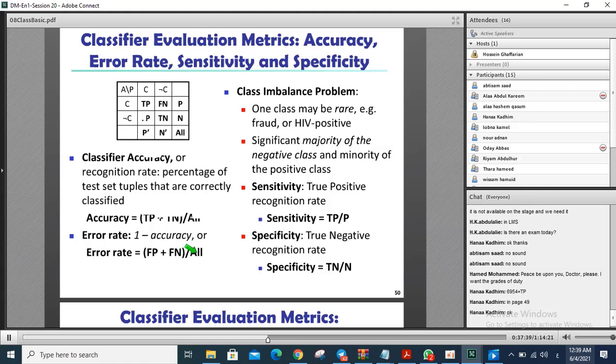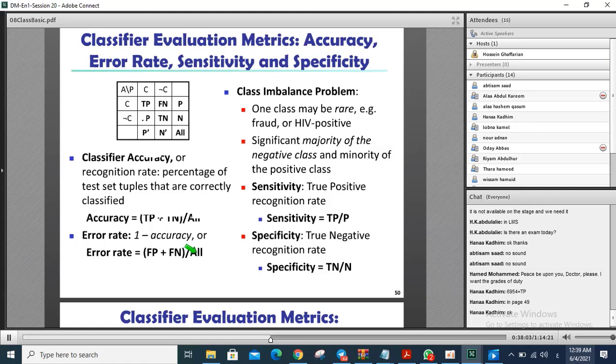So we call them a balanced dataset. The total number of records in each case is not far from the other cases.